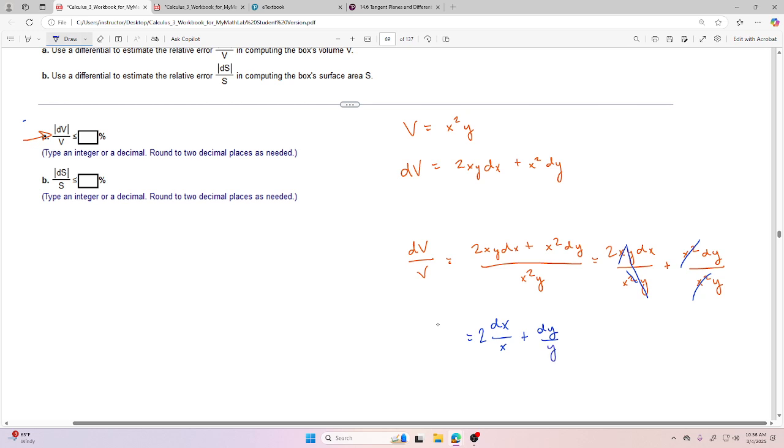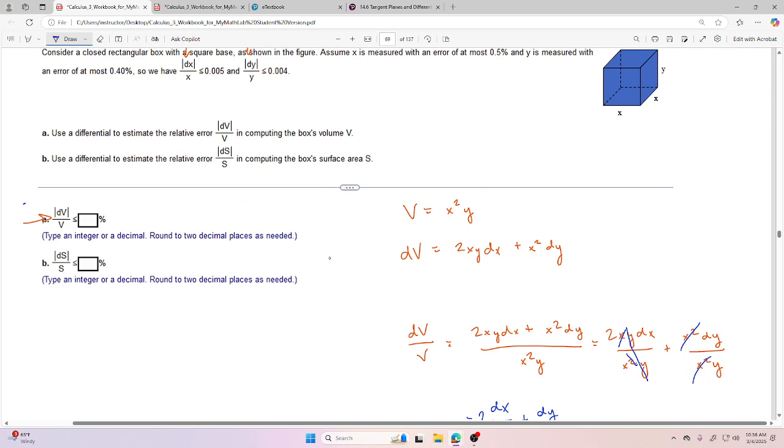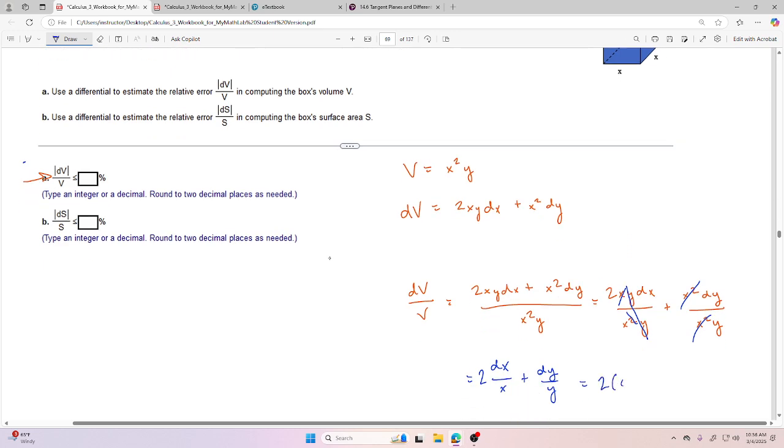Huh. Look at that, we have those. I can actually plug those in. And so I have 2 times the 0.005 and then plus the 0.004.